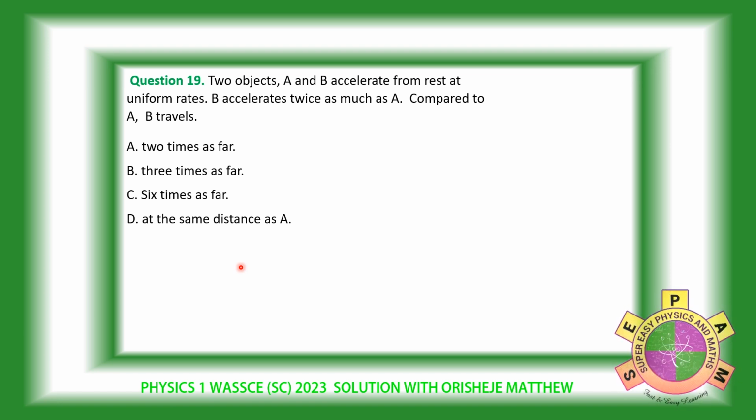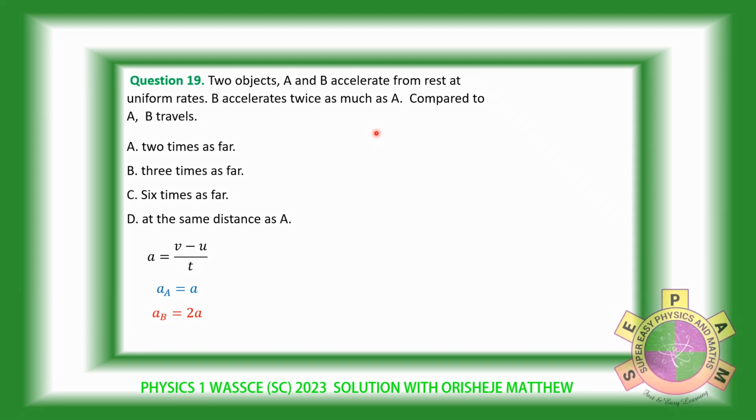So if you look at this object, the acceleration of an object is equal to the final velocity, take away the initial velocity, divided by the time of motion. So if we have that, the acceleration of object A, let's call it a, and then from the condition given to us, the acceleration of object B, the red, is 2a, twice.